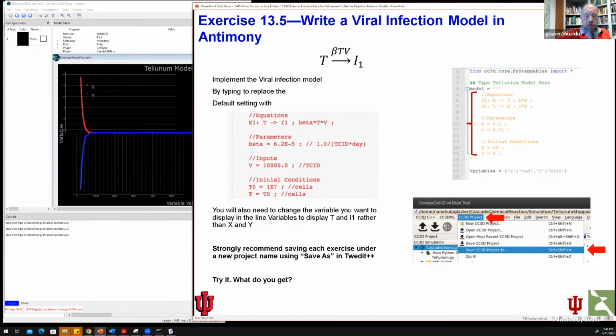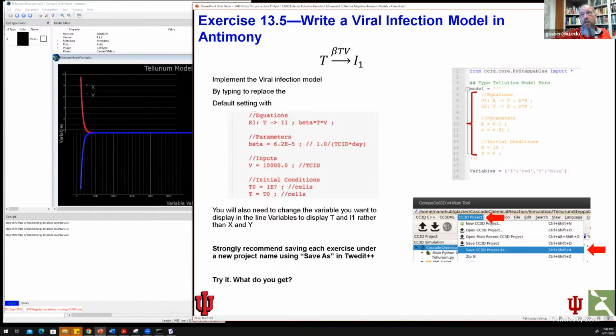Now, there are a couple of bells and whistles for Antimony. It allows you to do things like compartments. It allows you to have events. It allows you to do a variety of other things. But in general, for the things we need in Computational, you don't need anything more sophisticated than what we've seen here.